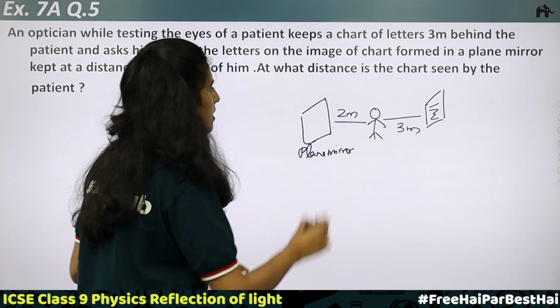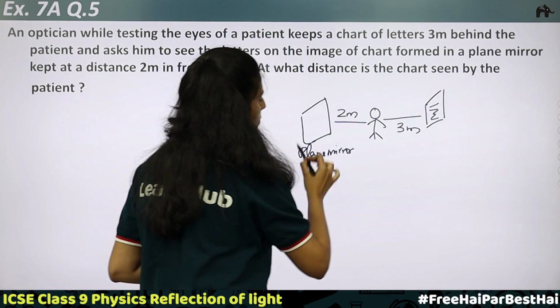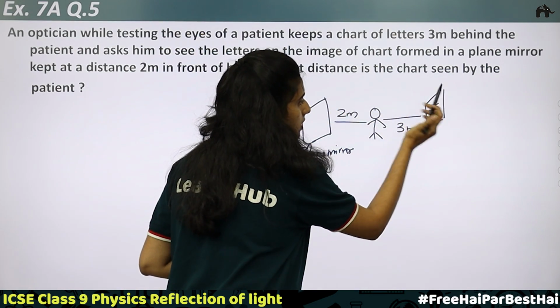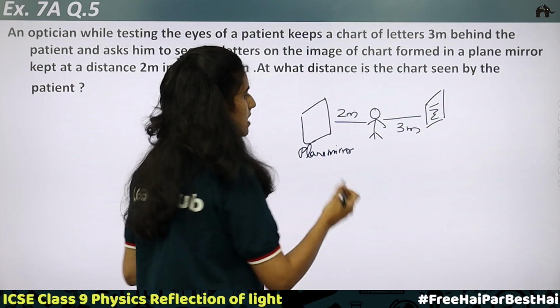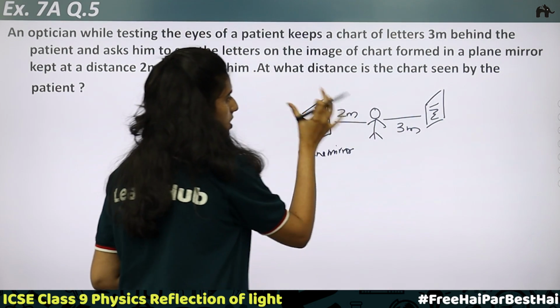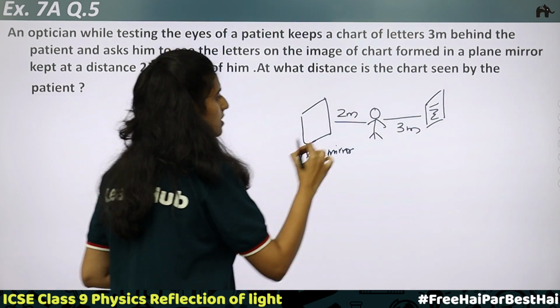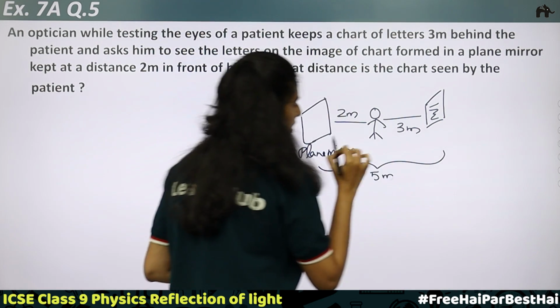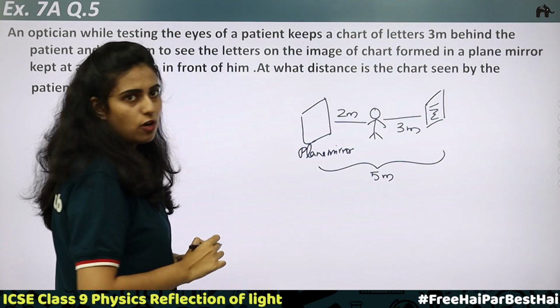Here, what is the distance of the object from the plane mirror? 3 meters is the distance of the chart from the patient and the distance of the plane mirror from the patient is 2 meters. Which means the total distance of the object from the plane mirror will be equal to 5 meters. Where will the image be formed?